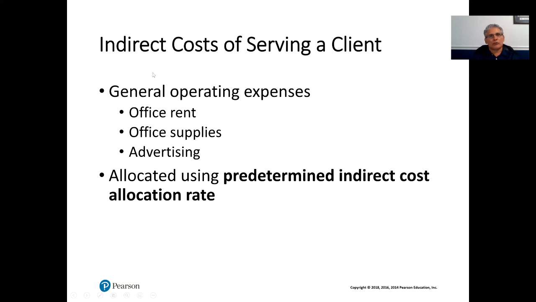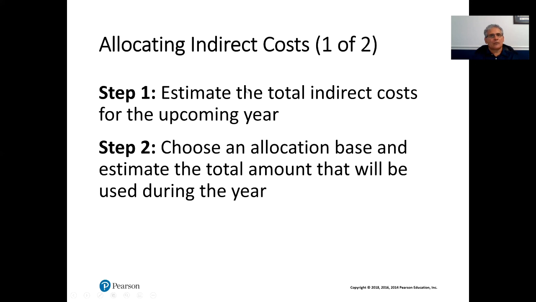Here again, you'll have your indirect costs of serving your clients, including rent, supplies, advertising, and you can allocate these general and administrative or general operating expenses to the jobs similar to the way we allocate manufacturing overhead in a manufacturing company. We're going to do our estimates at the beginning of the year. Total indirect costs for the coming year, that's the budget process.